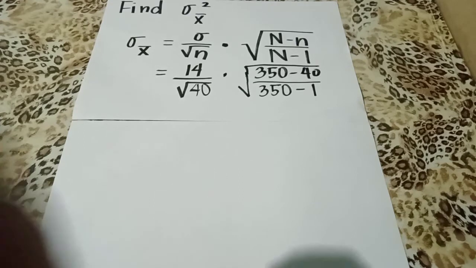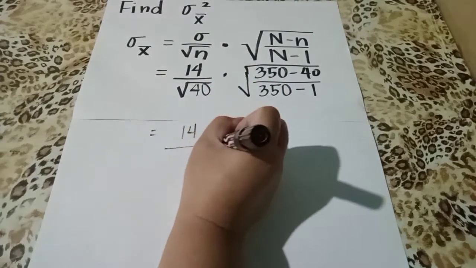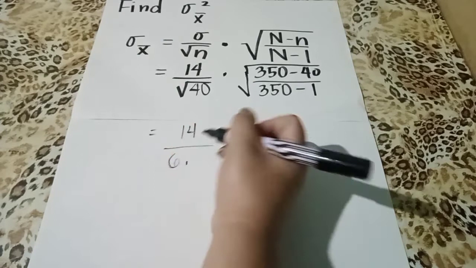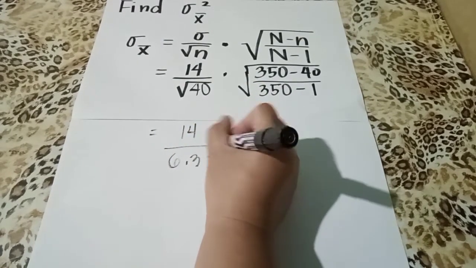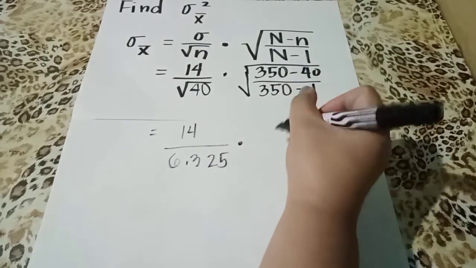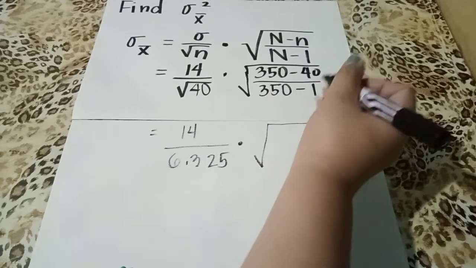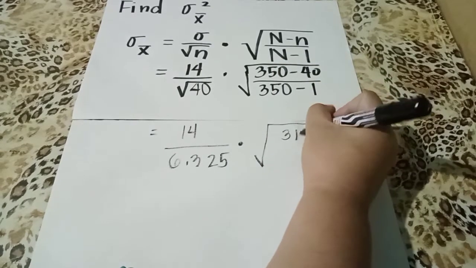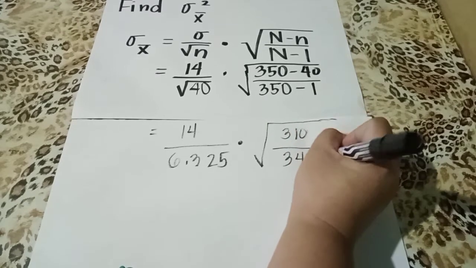So you first have here 14 all over the square root of 40, which is equivalent to 6.3245, to be multiplied by, do not forget, the square root of 350 minus 40, so we have 310, all over 350 minus 1, which is 349.